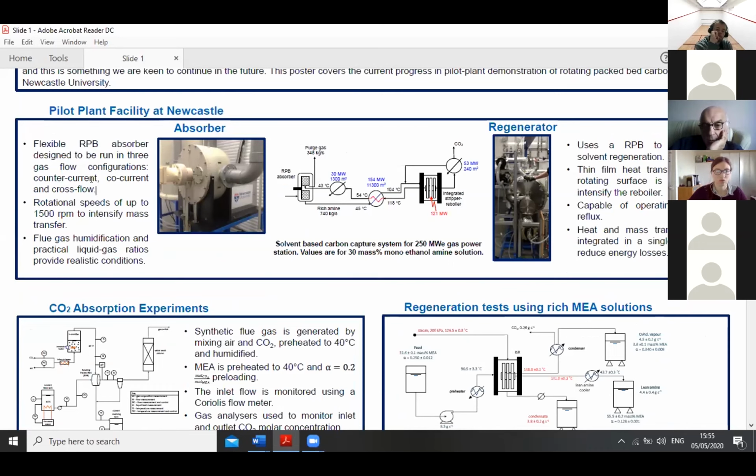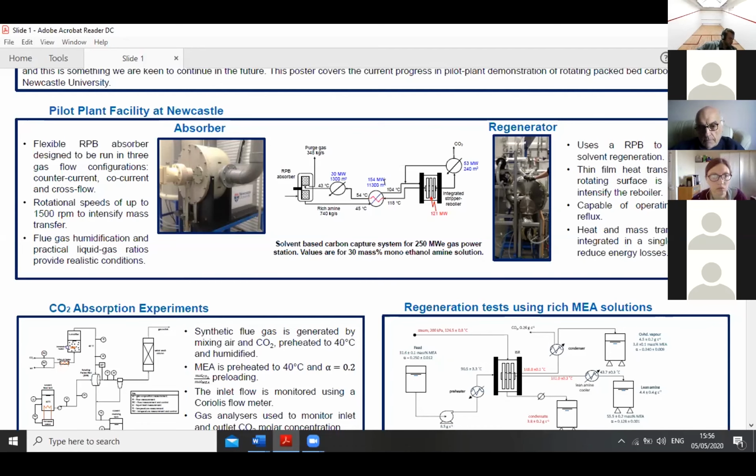We can get it set up really quickly with a number of configurations depending on what we want to achieve, and practical gas liquid flow ratios, and a humidified gas stream, because the humidity also affects the mass transfer.